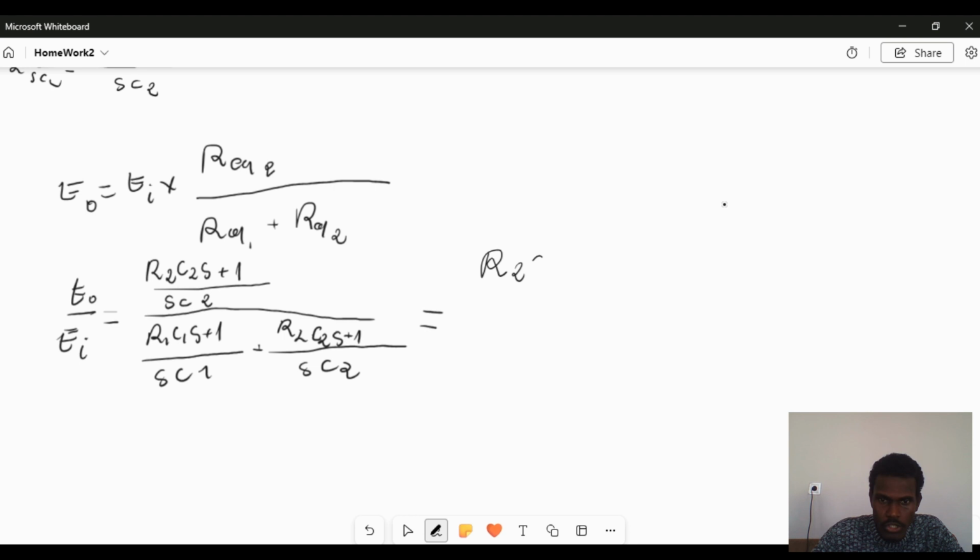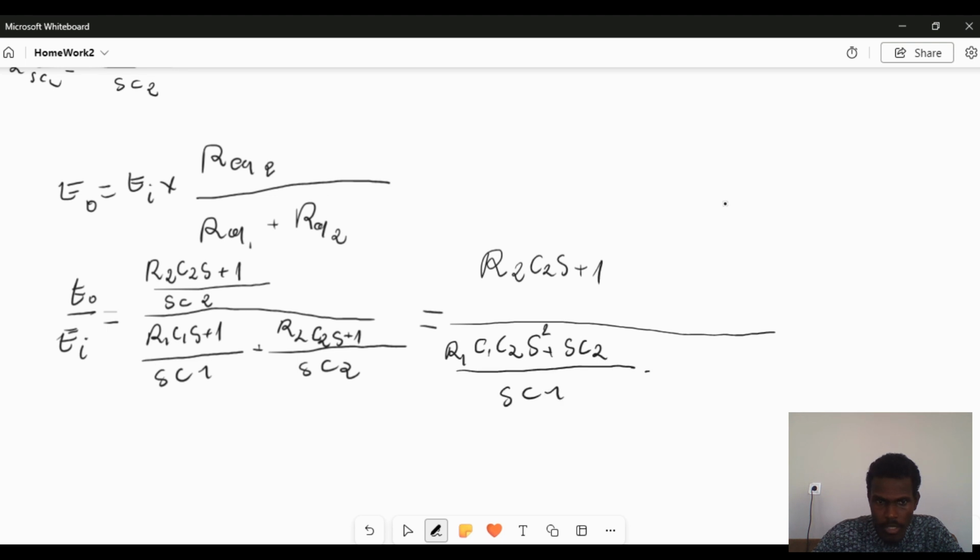(R2 C2 S plus 1) divided by R1 C1 C2 C1 S squared plus SC2 divided by SC1, plus, as we already have SC2 here, we can simplify them, so we have only R2 C2 S plus 1.